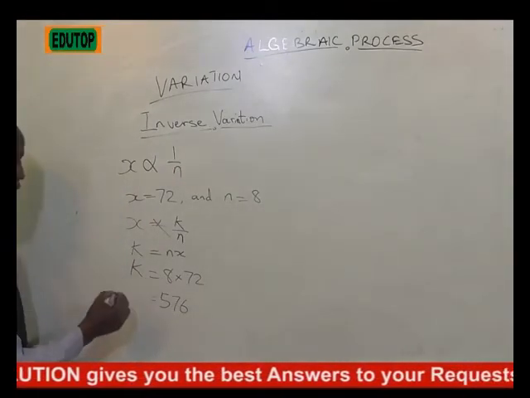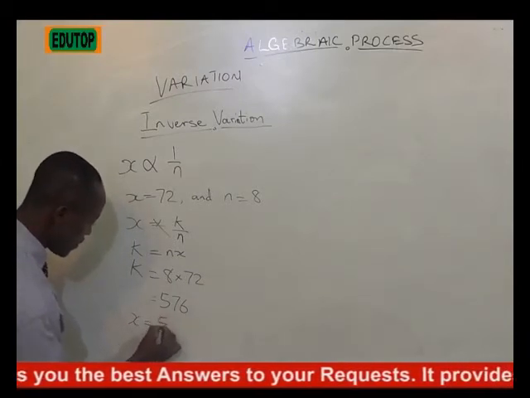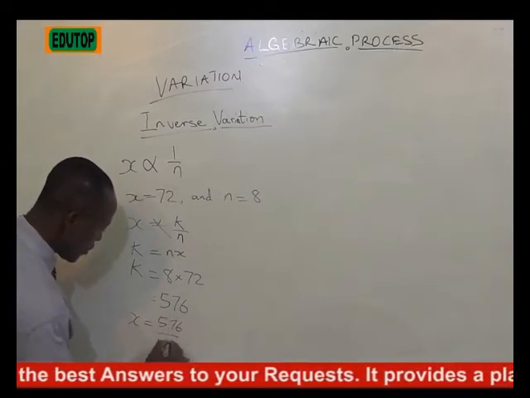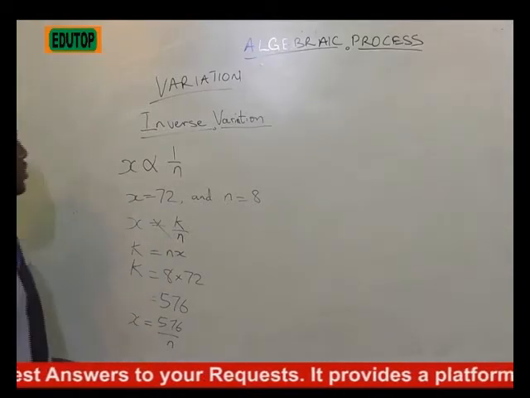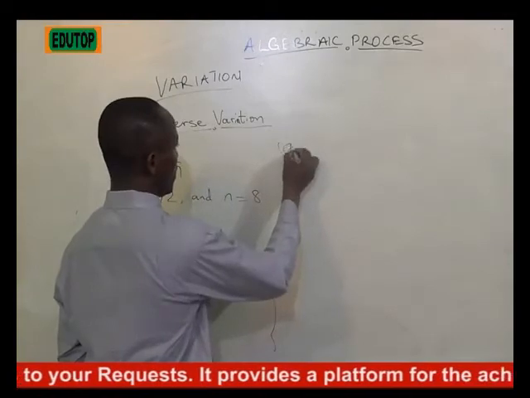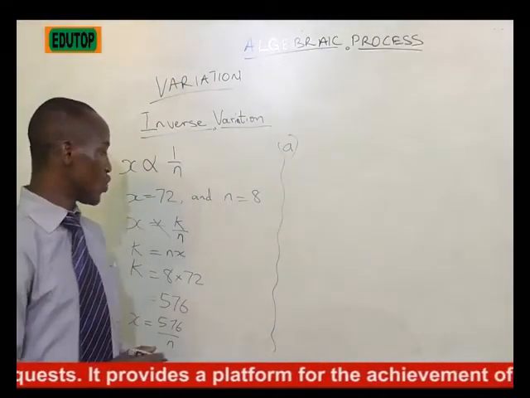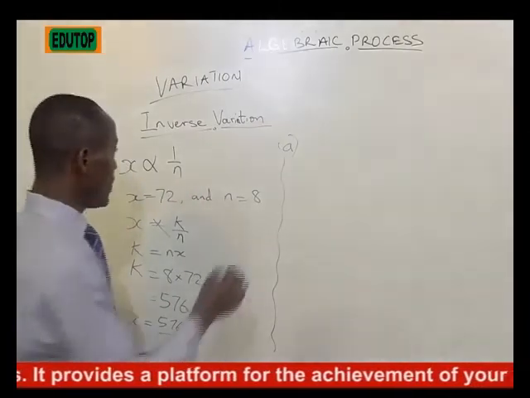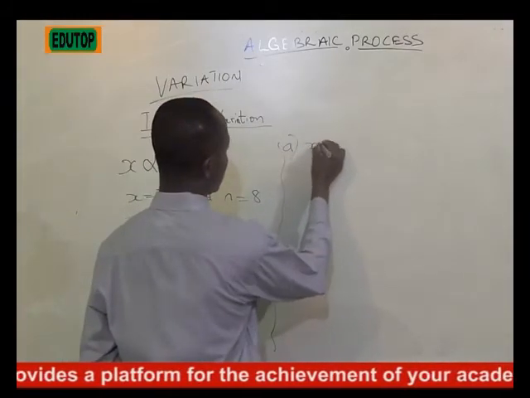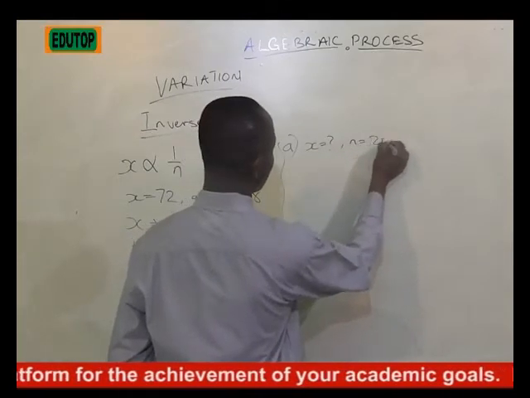So we can therefore say that our x is equal to 576 all over n. Now the question went further and said we should find x when n is equal to 20.